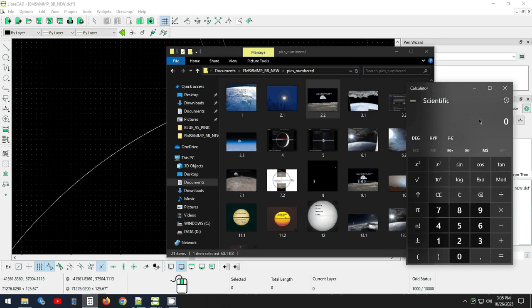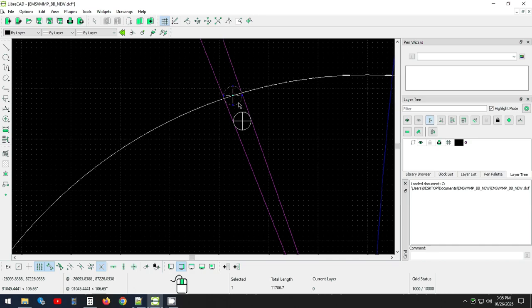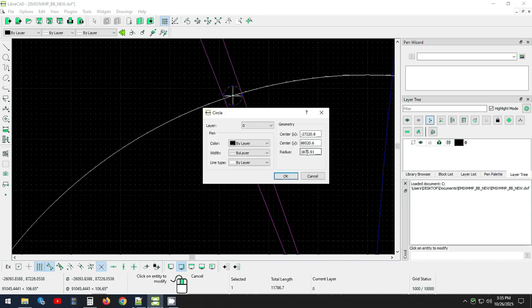So if we take the Earth diameter, which is 6378 times 2, and we divide that by 3.4, it gives us the diameter of the Moon. But we need to divide it by 2 in order to get the radius, which is 1,875. And if we check here, 1,875.